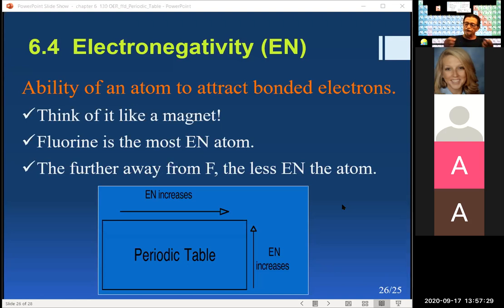Now, to determine which is more electronegative, you use fluorine as your benchmark, because fluorine is the most electronegative element on the periodic table. And so the trend for electronegativity is that from left to right, it increases, and from the bottom up, it increases, and they all point to fluorine in the corner there, okay?